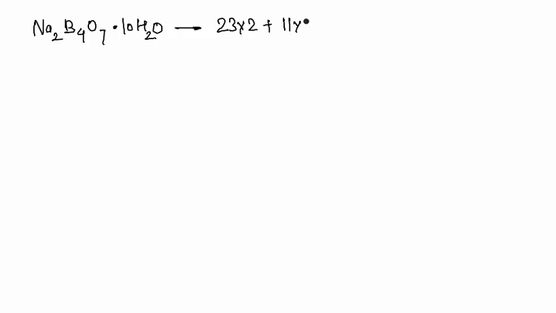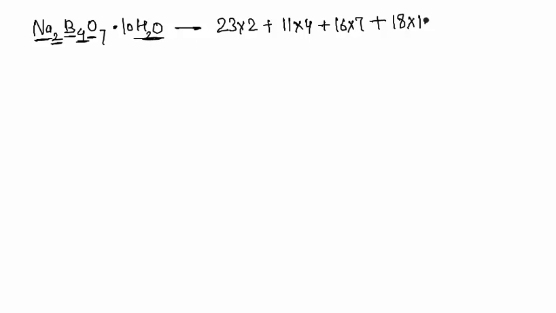Okay, so let's see. Borax is Na2B4O7 dot 10H2O. What is the molecular mass of this borax? It is 23 into 2, plus 11 into 4, that is 23 sodium into 2, 11 boron into 4, plus oxygen 16 into 7, and plus water 18 into 10.